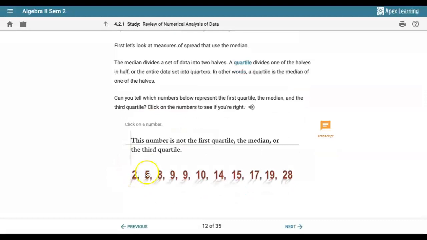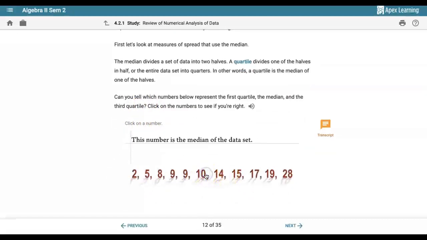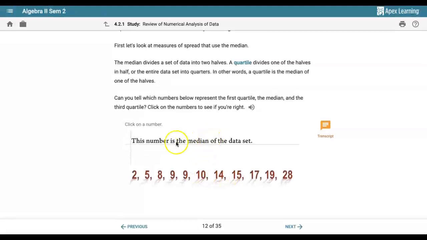Okay, so oh, it's asking. I thought I just read the click on a number for a second. That was pretty funny. All right. So if this is our median, 10 is our median, we're then going to split it in half. So 8 is halfway between our 2 and our 10 because we've got 2 values here, 2 values there.